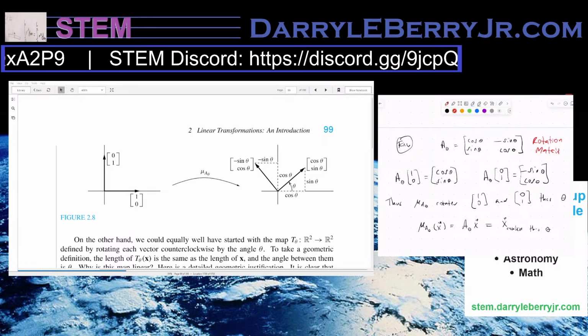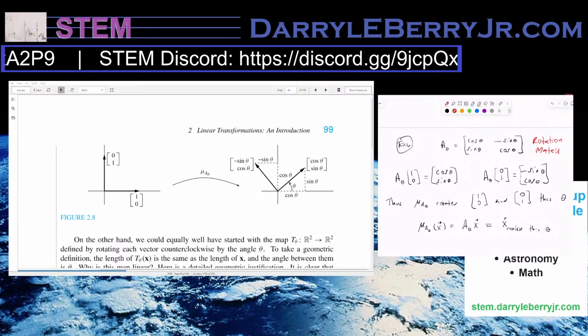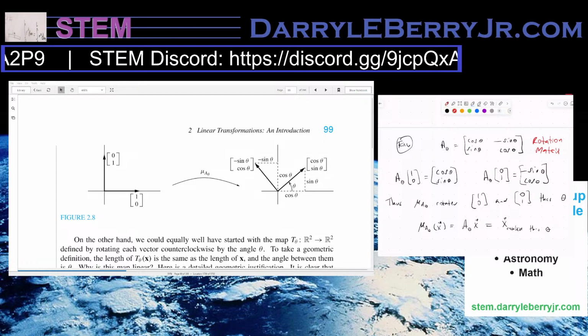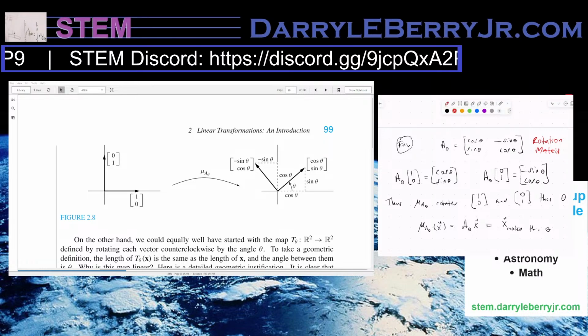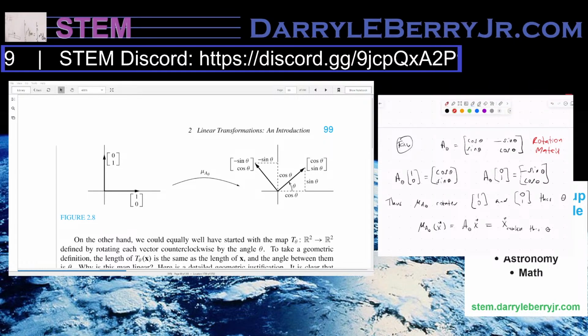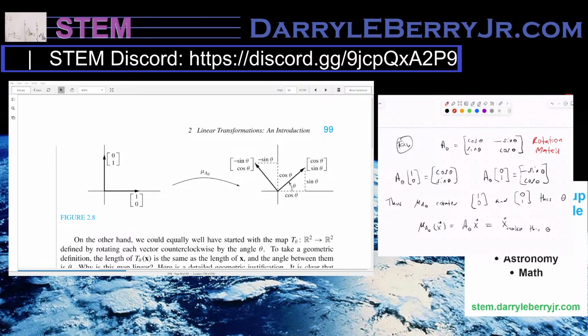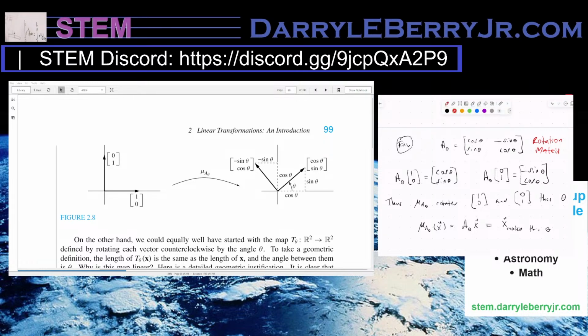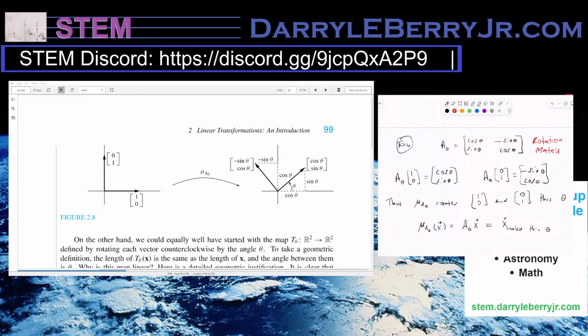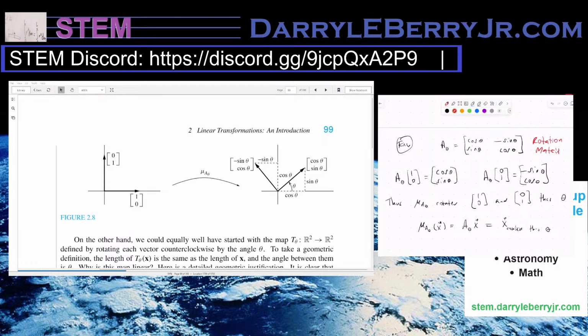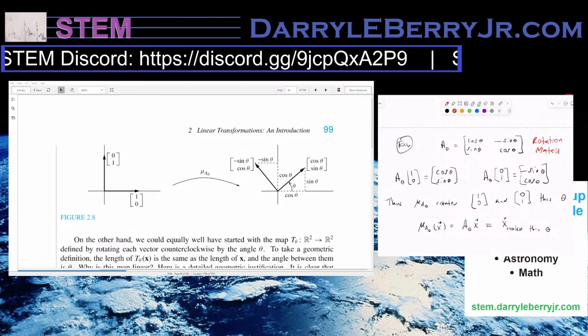Cosine of 90 degrees is 0. So the x vector rotates. And negative sine of 90 degrees is negative 1, cosine of 90 degrees is 0. So the y vector rotates.